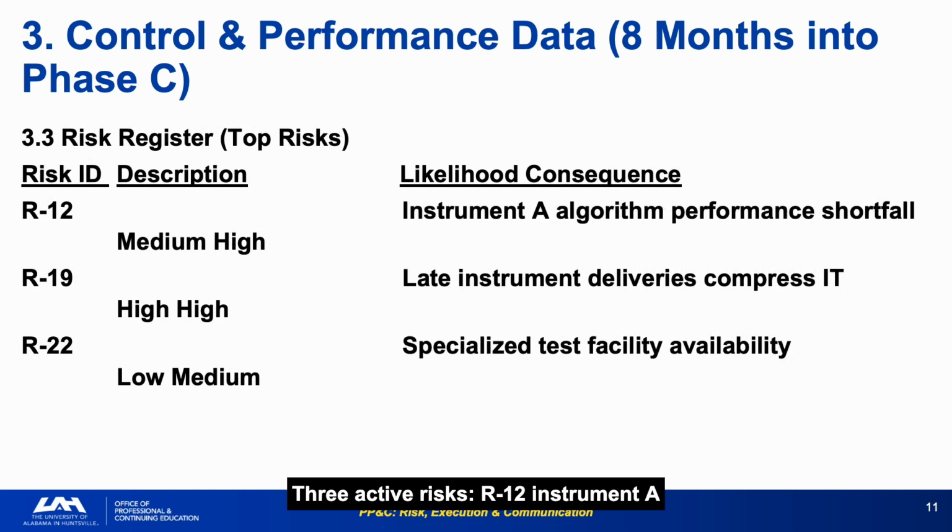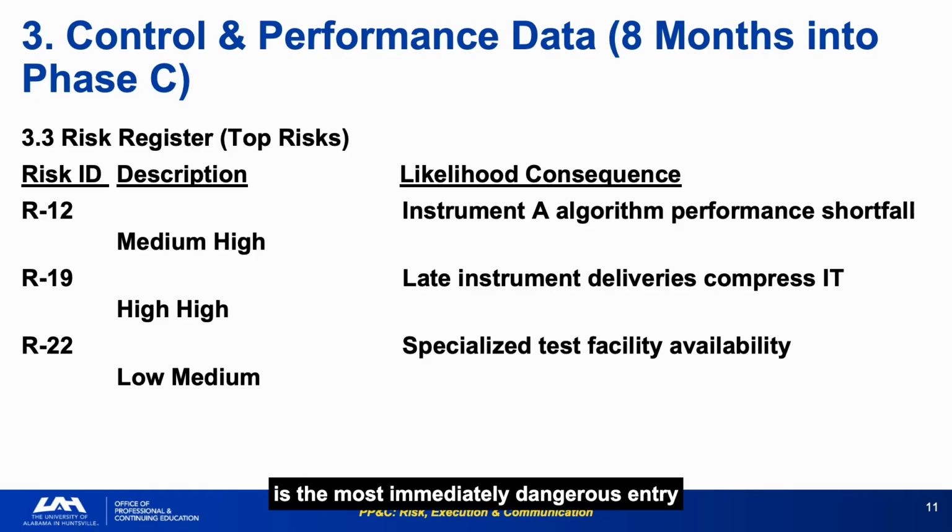The 3 active risks are R12, Instrument A algorithm shortfall, at medium likelihood and high consequence; R19, late instrument deliveries compressing INT, at high likelihood and high consequence; and R22, specialized test facility availability, at low likelihood and medium consequence.